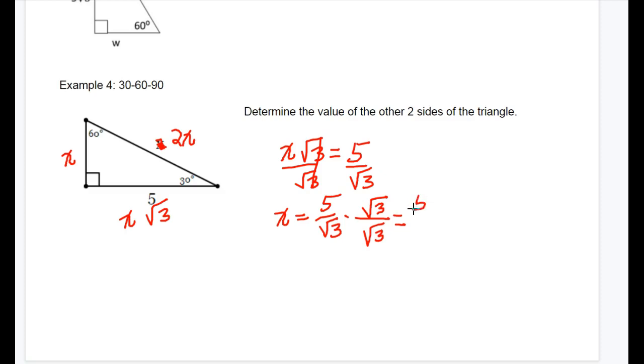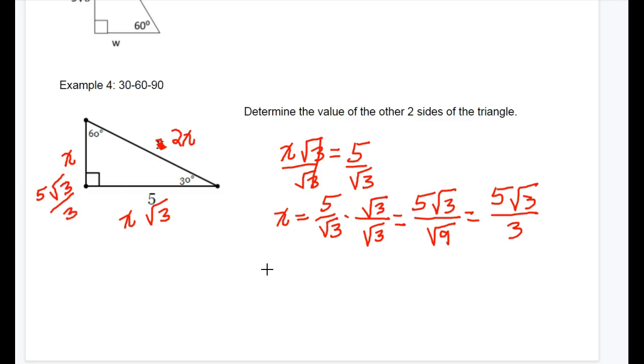So that gives me 5 times the square root of 3 over the square root of 9. Okay, 3 times 3 is 9. We stay in the square root. Square root of 9 is pretty straightforward. That gives us 5 square root 3. Square root of 9 is going to be 3. Yay! So we got our x.